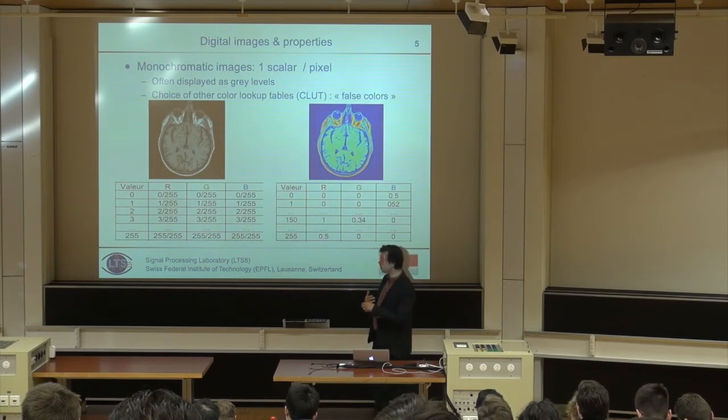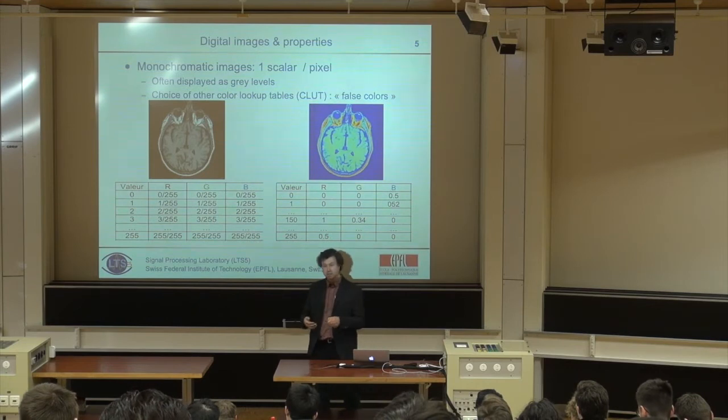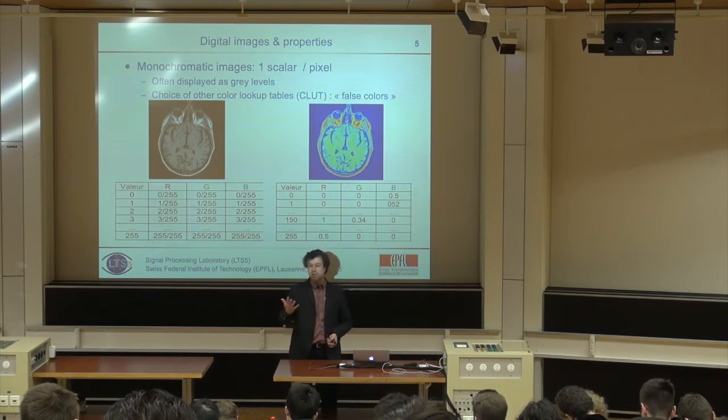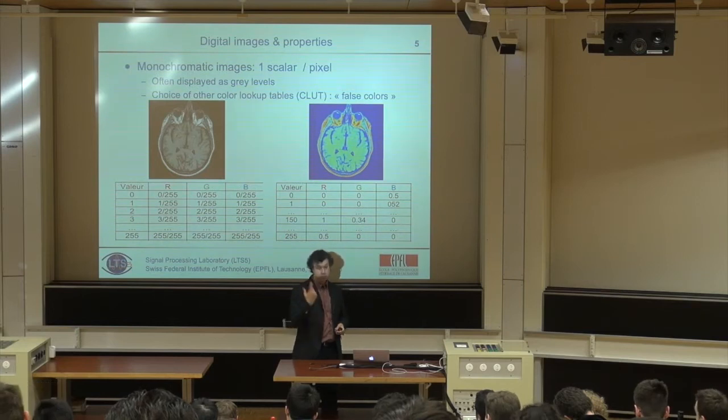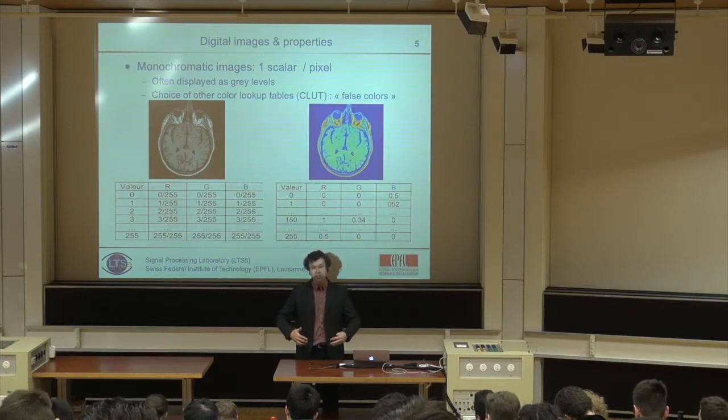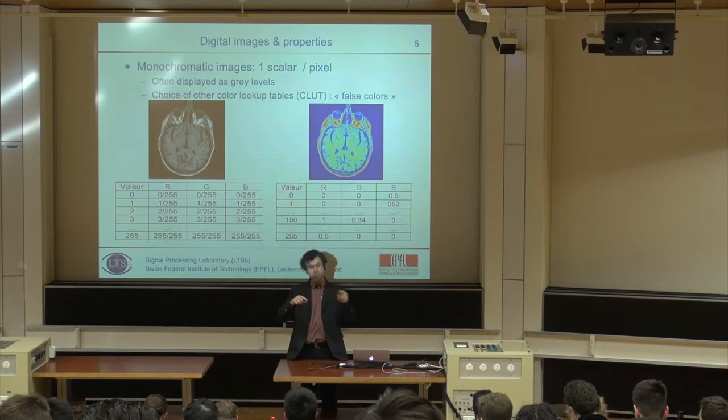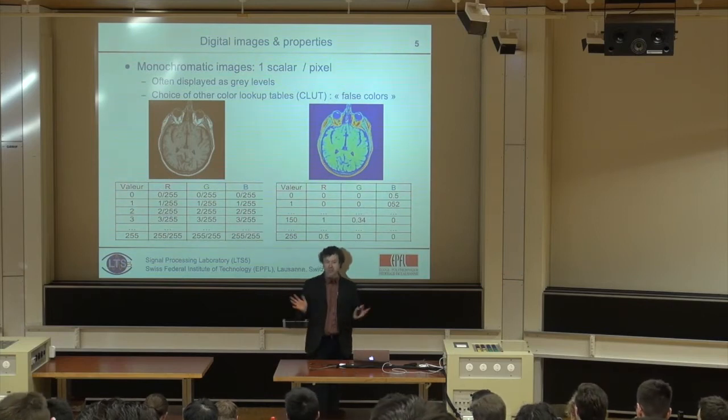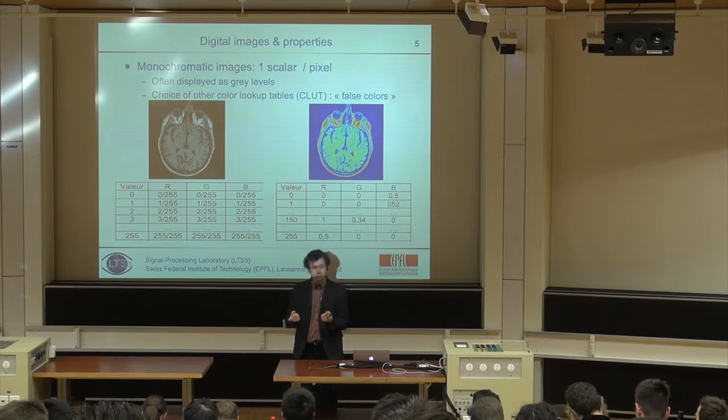But keep in mind that we are working with the raw data, the pixels, with their original value; the way you render doesn't matter. If you take MATLAB, for instance, and you load a picture, a monochromatic image with one single value per pixel, and you say imshow of the image, it will choose a default color map. And then you have to tell it which color map to use.